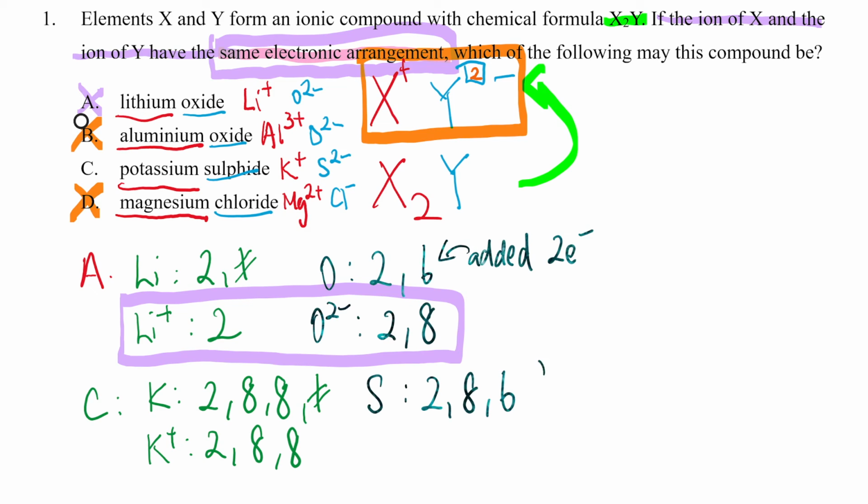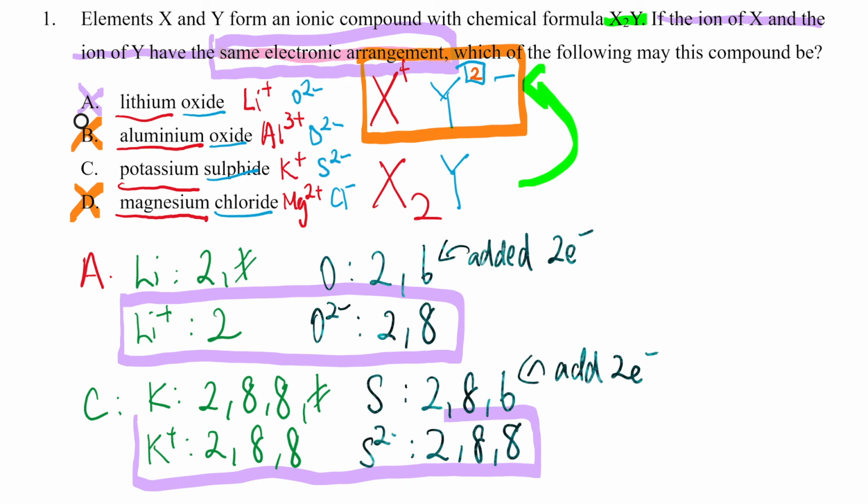To make it into the sulfide ion, which is S2 minus, I'll add 2 electrons, same logic, and you'll notice that it's 2,8,8 as well. Now check whether these two ions have the same electronic arrangement, and you see that it perfectly aligns with our statement. The electron arrangement is aligned, and the ion charges are also X plus and Y2 minus. So our answer for this is C.